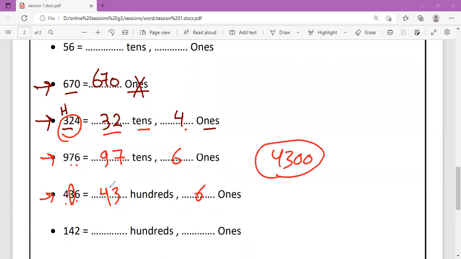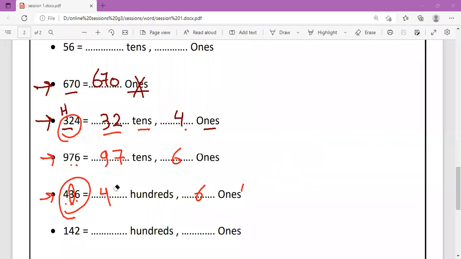But this number is not like this. You would need to put another 0 beside it. So this is a wrong answer. You can't put 3 beside 4 here. Where do I put it? I put it beside 6, because I just have ones here.